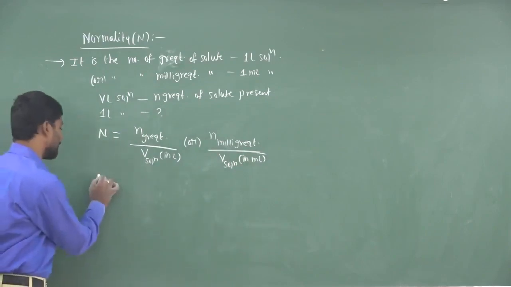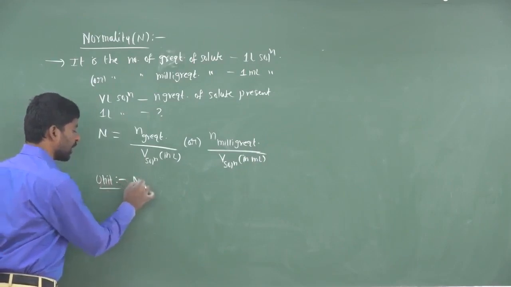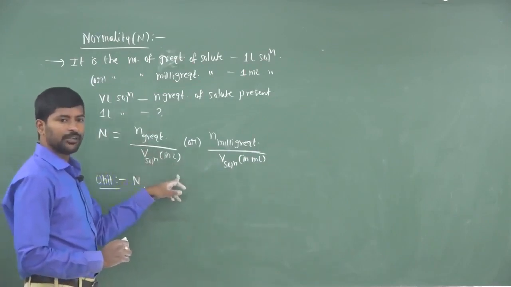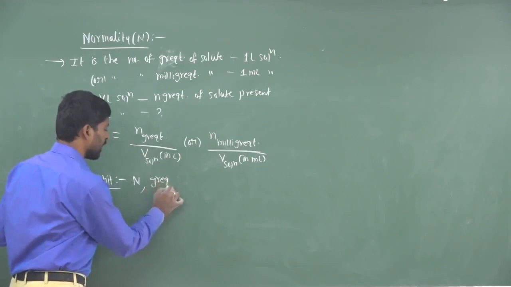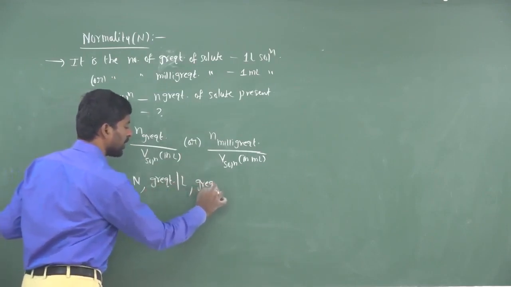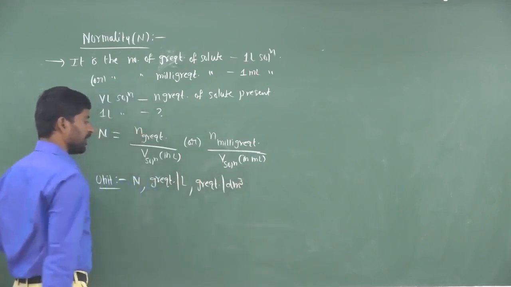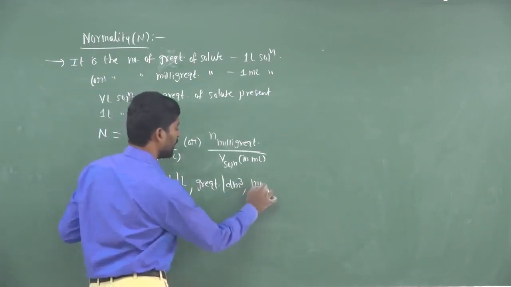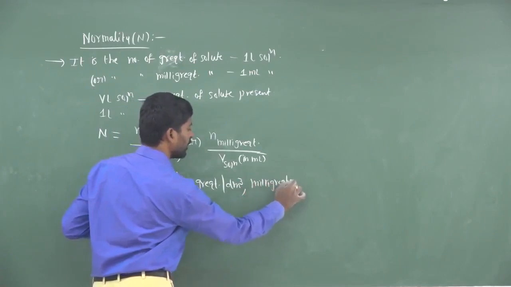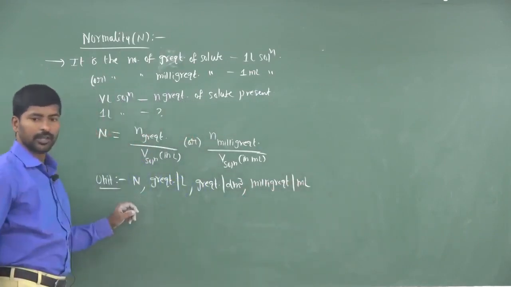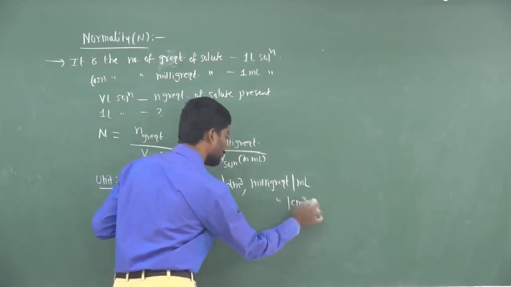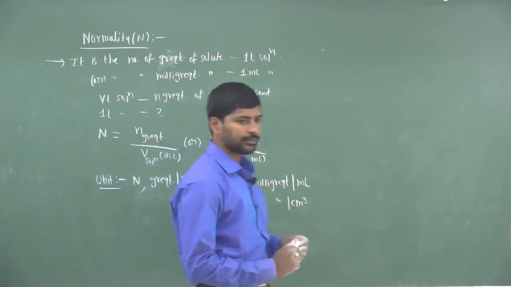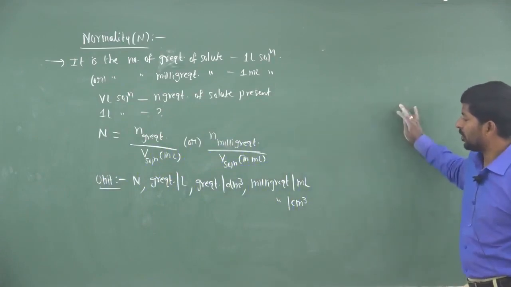So what is the unit? Normality can be represented simply by N, or gram equivalents per liter, or gram equivalents per decimeter cube, since 1 liter can be written as decimeter cube.